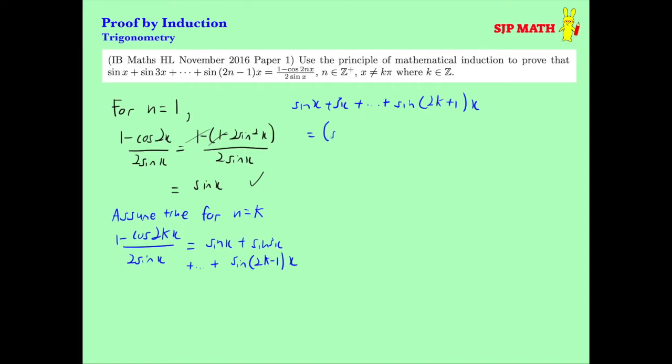So I'm going to split the sum here, sorry, I wrote that wrong, it's sine 3x, so that we include up to 2k minus 1.